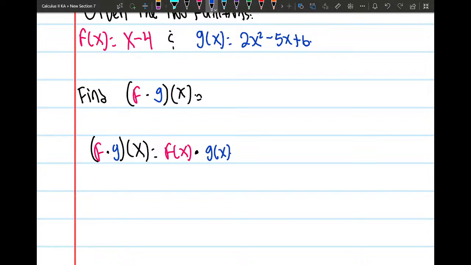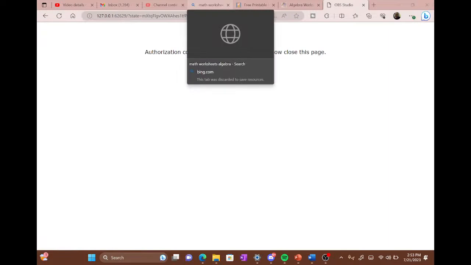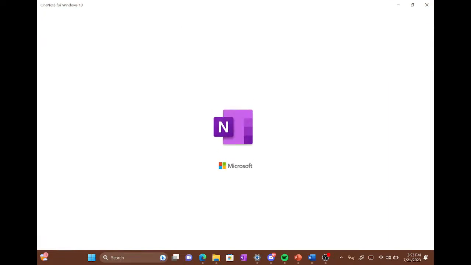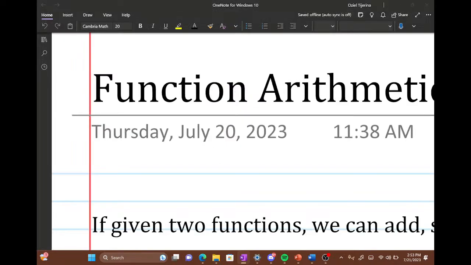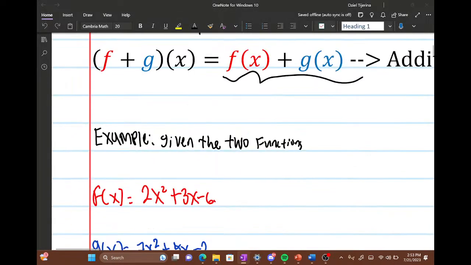Sorry guys, one second. I don't know why it started doing that. So we know that the following theorem holds true, right? So let's see here.